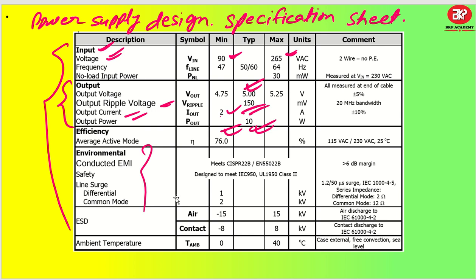We have line surge protection also, with differential mode of 1 kilovolt and common mode of 2 kilovolt. We have ESD protection also, that is plus minus 15 kilovolt for air discharge, and for contact discharge plus minus 8 kilovolt, and the ambient temperature in which it will be working is 0 to 40 degrees centigrade. So this is the complete specification that we will be targeting for our power supply design.